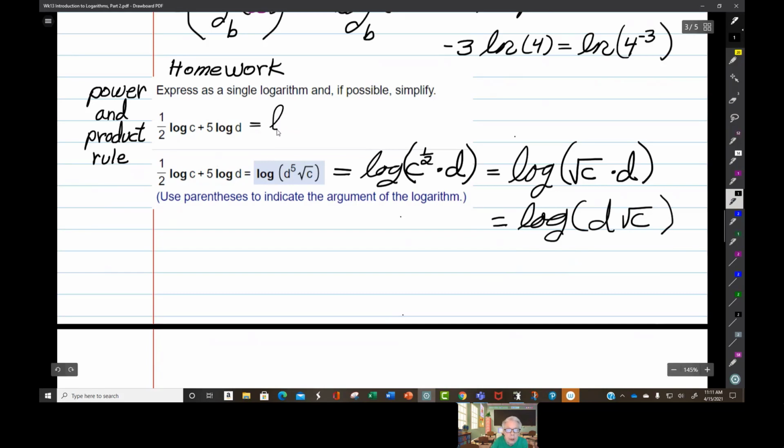This is going to be log, well, let me read it first. 1/2 times the log of C plus 5 times the log of D. And here you don't see a base. That means the base is 10. Okay, this 1/2 is going to go up and become the power on C.